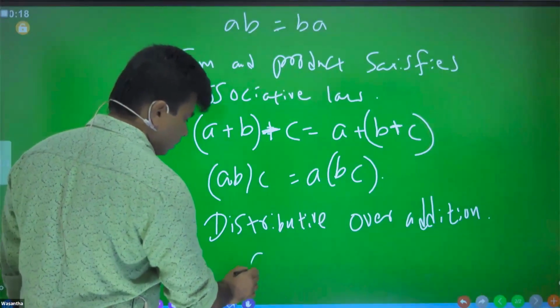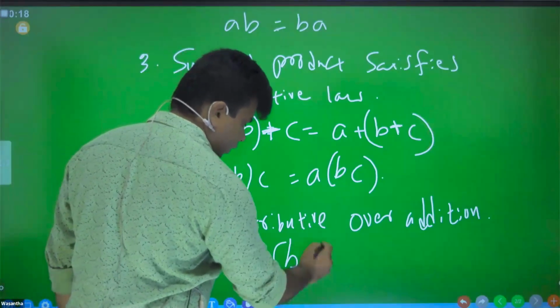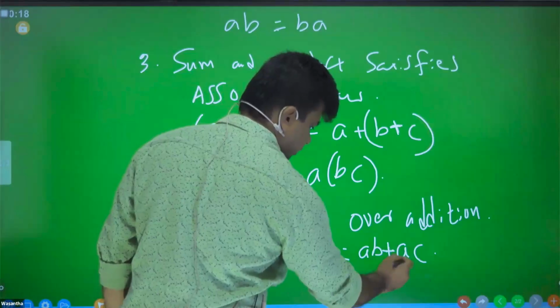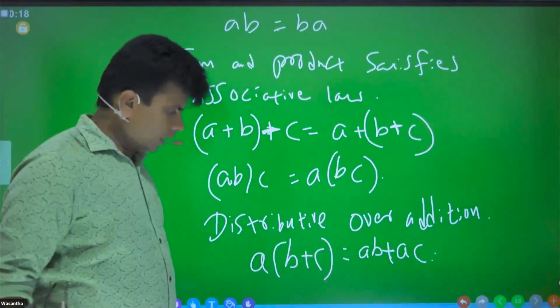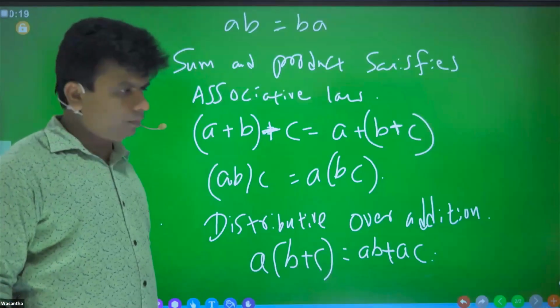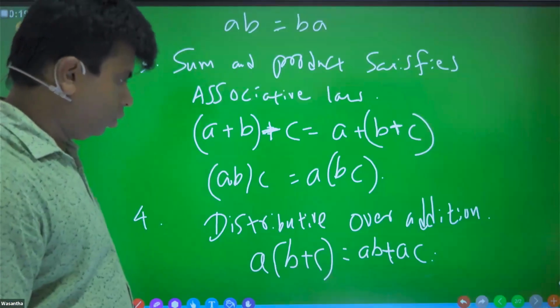What does it mean? A into B plus C equals AB plus AC. Distributive over addition.